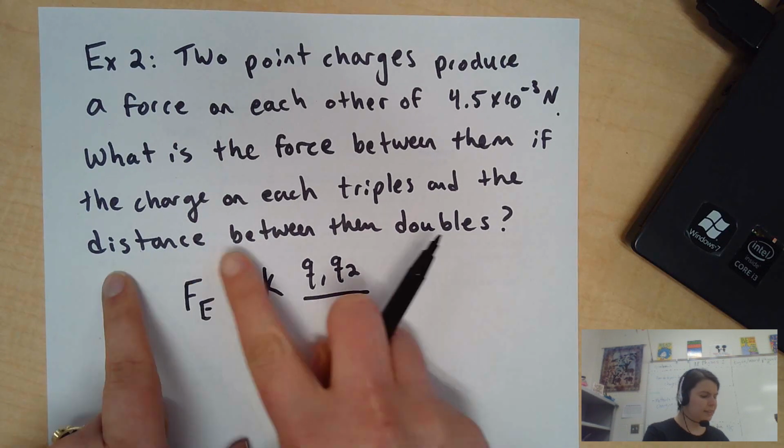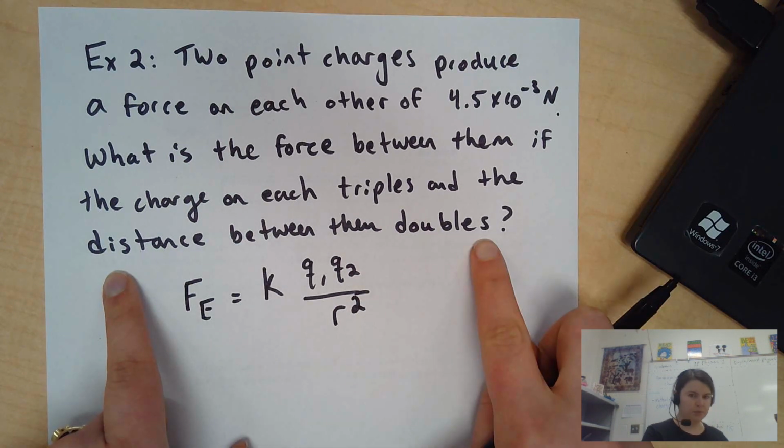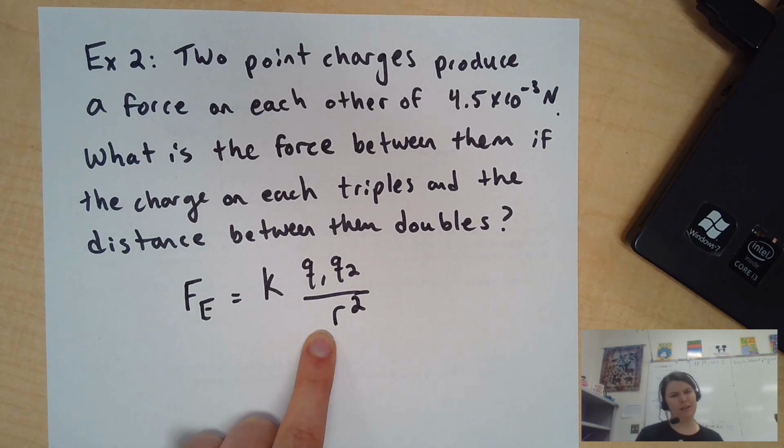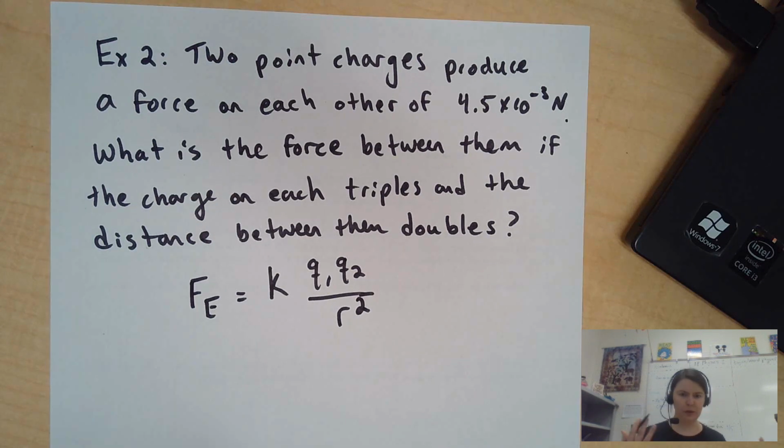And then the distance between them doubles. Okay, so that means the R value is going to get bigger, but it's in the denominator. So if the denominator gets bigger, then the force should get smaller. Okay, so which one's going to win? The bigger force with the bigger charge, or the smaller force with the bigger distance? Well, that's what we're essentially going to try to find with this question.